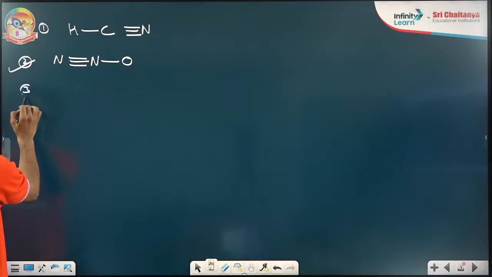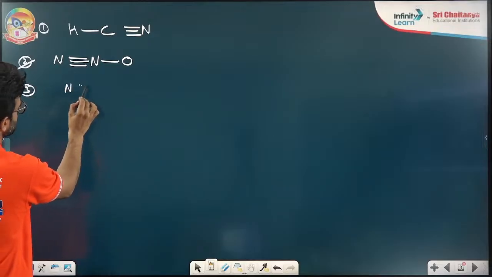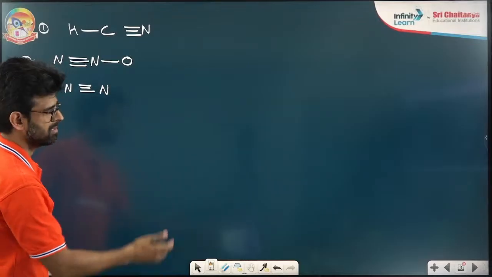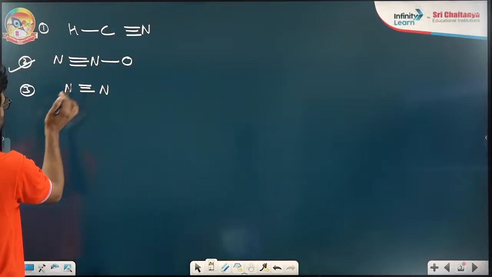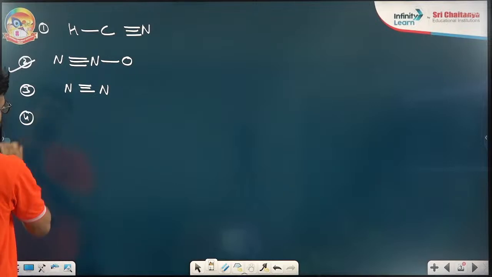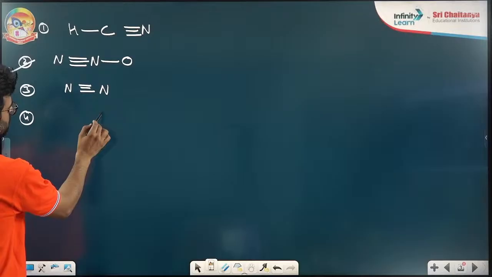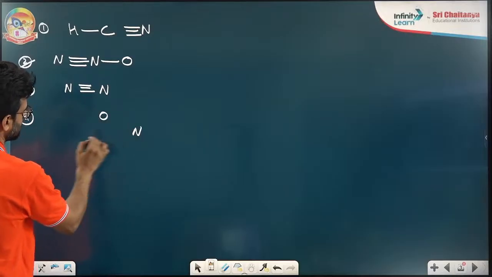Now the third one, just simple N2, I think I gave. None of the things is telling me it has a coordinate bond. And the fourth point, I think I gave N2O5. I am giving a structure, then you think about it.